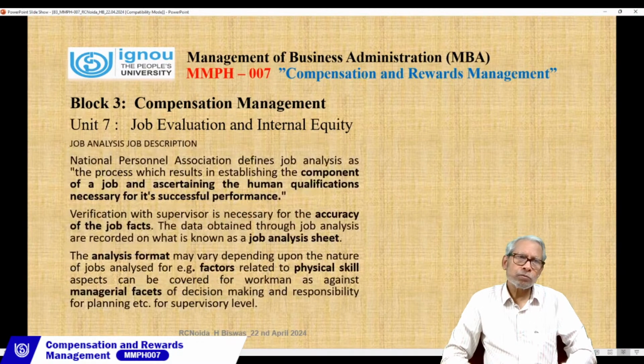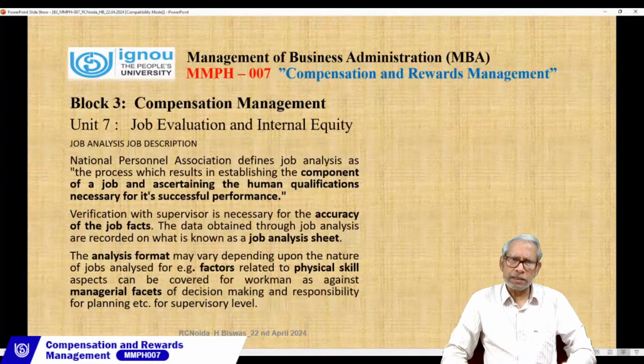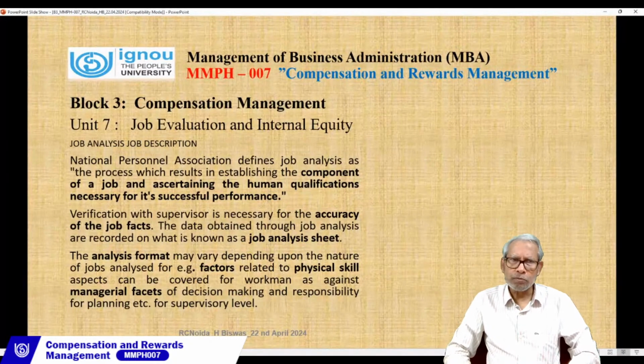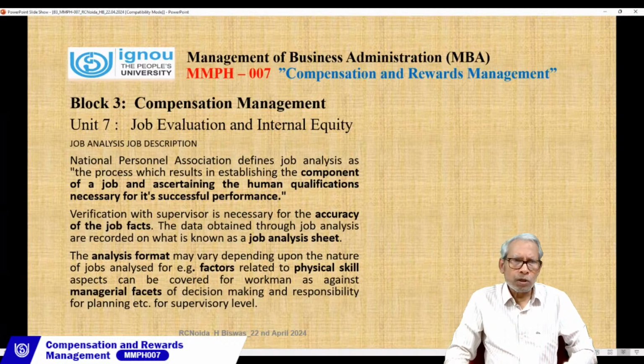Now coming to job analysis and job descriptions. Job analysis is a process which results in establishing the components of a job and ascertaining the human qualifications necessary for its successful performance.